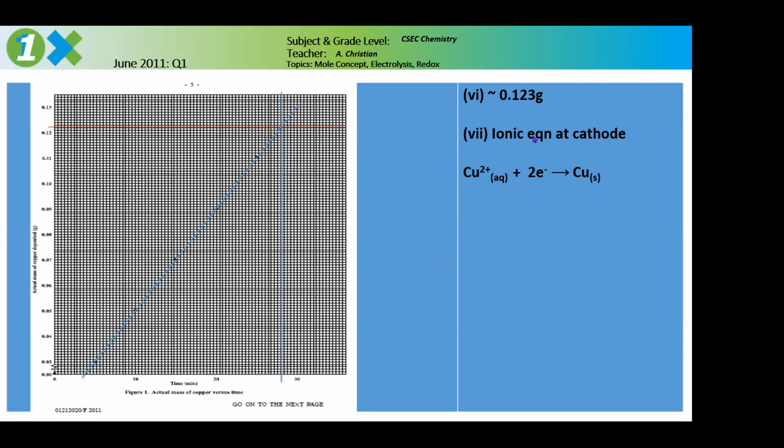So the ionic equation at the cathode is, let's see, Abigail wrote it. Abigail, these are the things that you are missing. It's a minus sign; electrons are negative, so you have to have that there. Everything else will be okay except for the state symbol, which is aqueous for the copper.